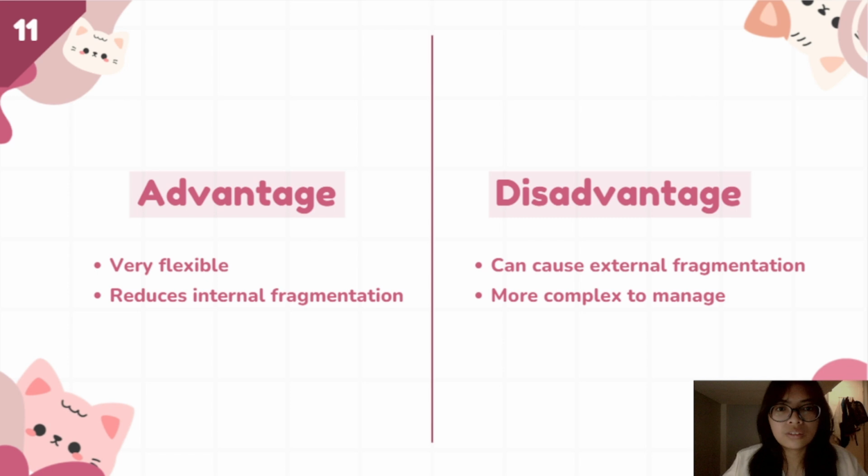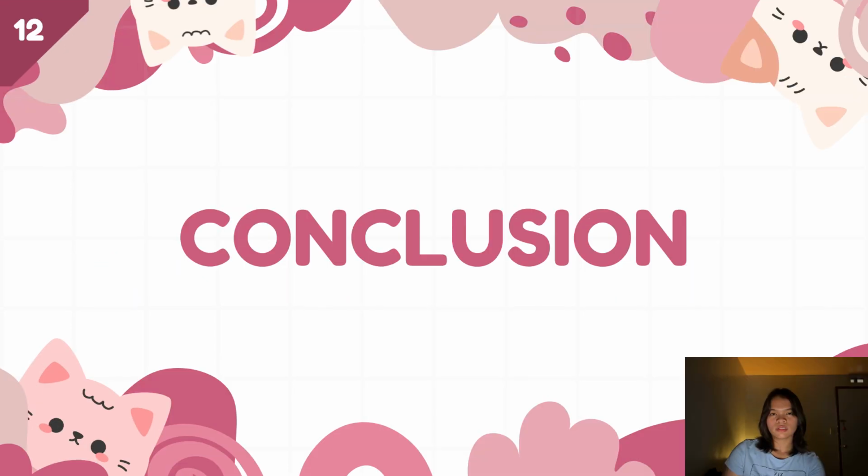Let's move on to our final conclusion. So, to conclude our topic, memory partitioning remains a foundational mechanism in operating systems, ensuring that computers' memory is allocated, organized, and utilized efficiently.